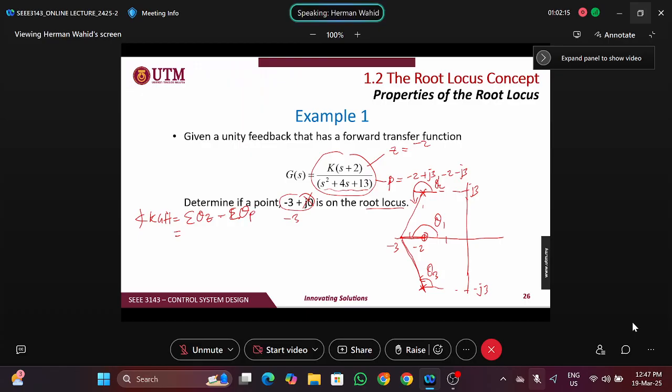Okay. So we have theta 1 minus theta 2 plus theta 3. Okay. So now we calculate theta 1 is 180 degrees because it is just aligned here. So the angle is calculated from here to this point. So it is 180 degrees. Okay, minus theta 2 and theta 3.